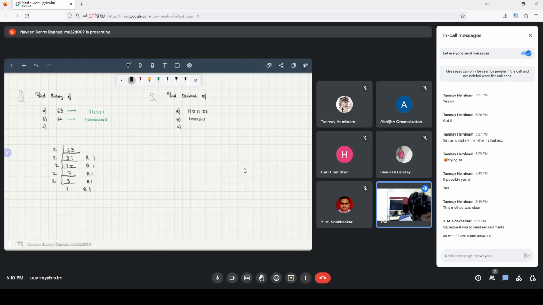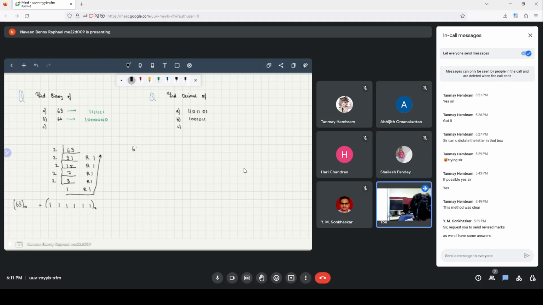When you're writing it out, we first start with this last 1 and then write all these remainders. So we get 6 ones. So 63 base 10 is equal to 111111 base 2.